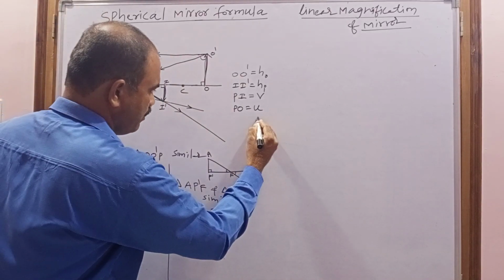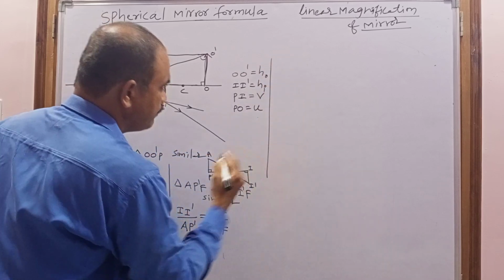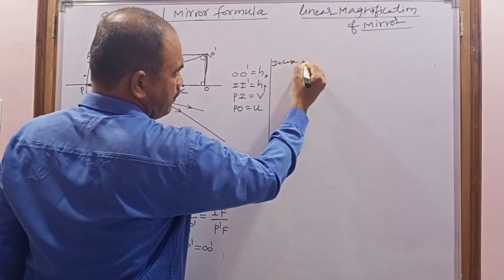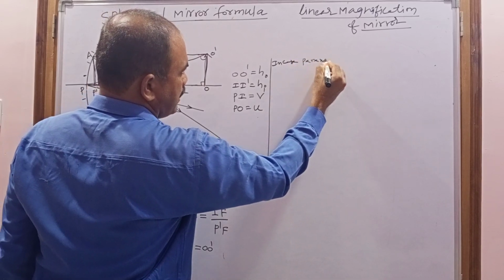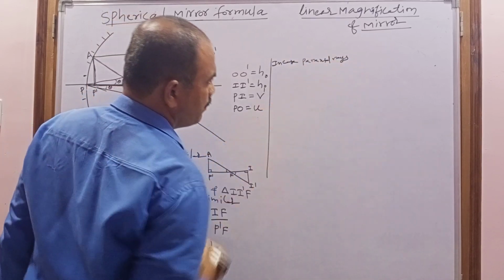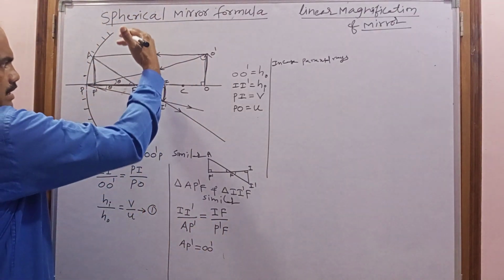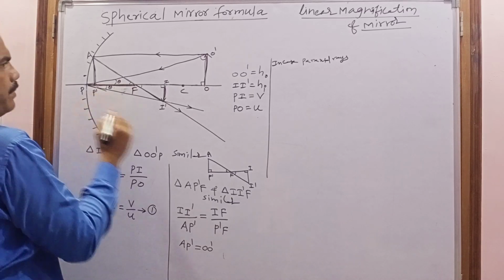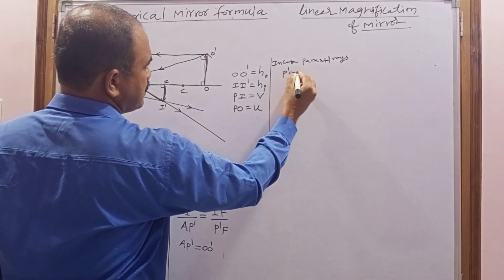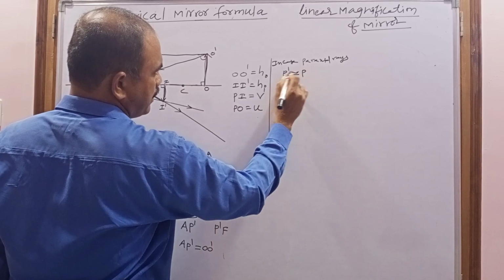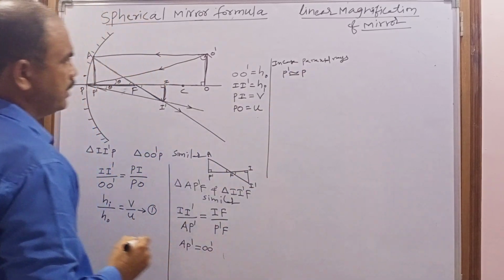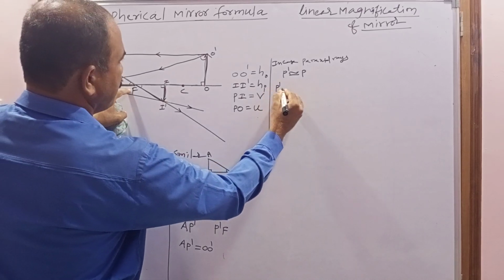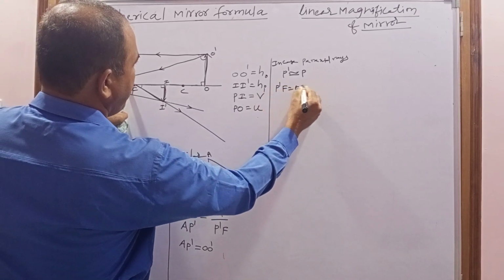I am writing here how it will be. In the case of paraxial rays, that is, if the incident ray heights are very near to the principal axis, the P dash is approximately equal to P. So in this case, P dash F is equal to PF.